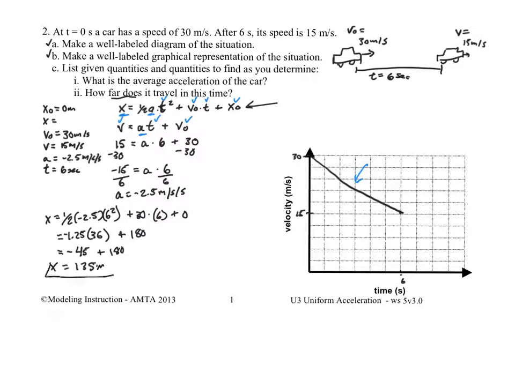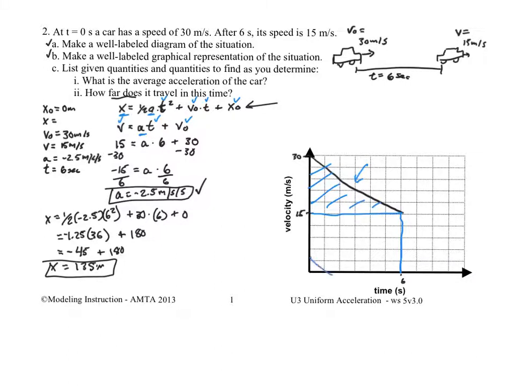So I have these two pieces of information. I double checked the acceleration. Now I want to double check my displacement, my final position. I can go into this graph and remember the area under the velocity graph is the displacement. So this area I can define as two shapes.